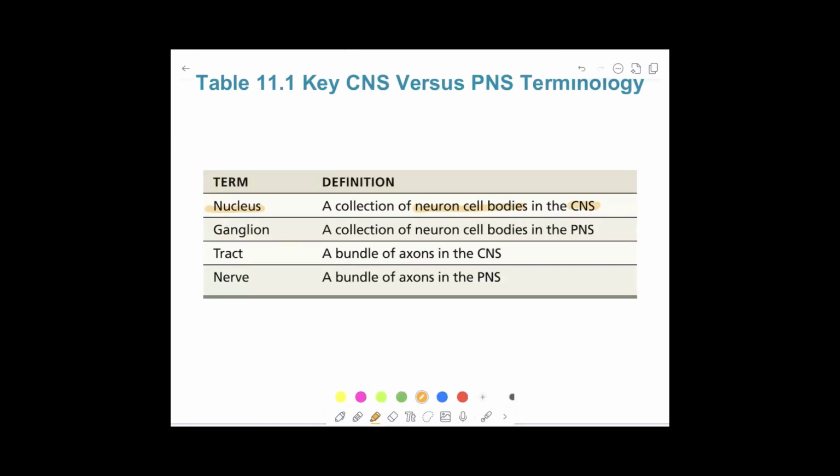Collections of neuron cell bodies in the peripheral nervous system are called ganglia. Bundles of axons in the central nervous system are called tracts. And in the peripheral nervous system, bundles of axons are simply called a nerve. Those are important terminologies that you should know.